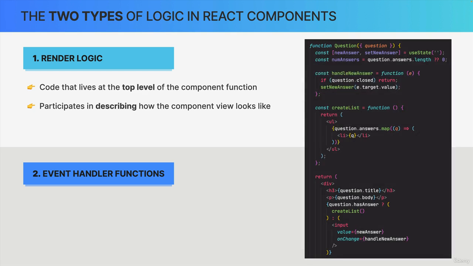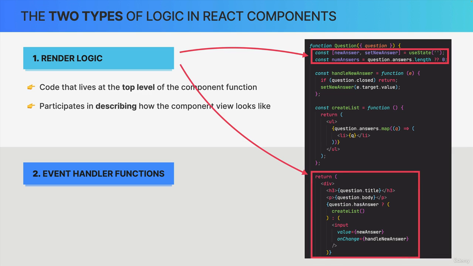So in this code example, there is a lot of render logic. So we have these two lines of code at the top level and then also the return block where our component returns its JSX. So these describe exactly how the component will be displayed on the screen.